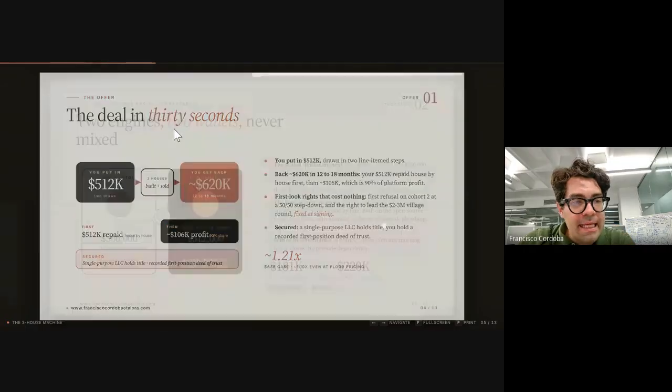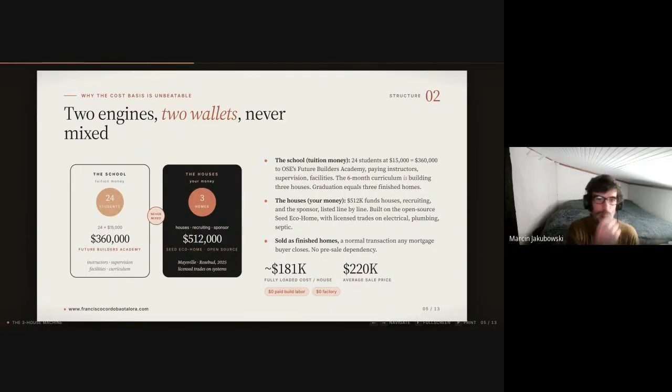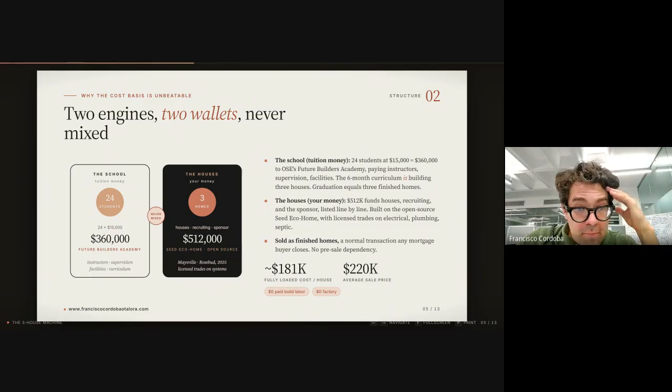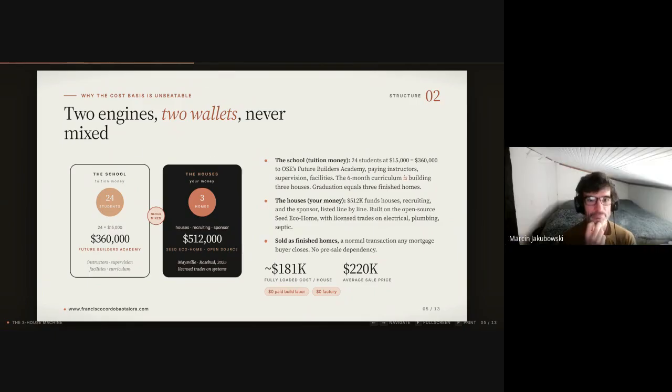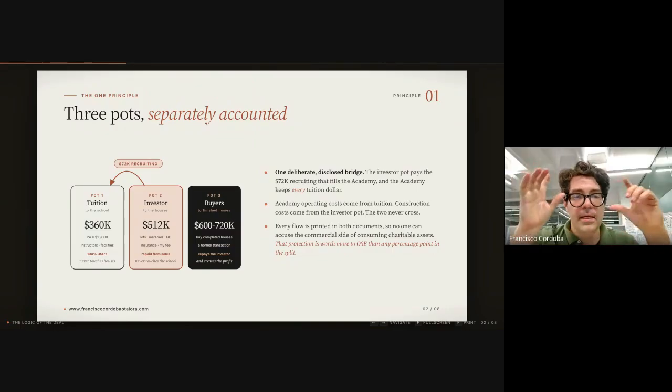And then I call it two engines, two wallets never mixed. I'm going to explain with this slide. For example, the investor puts in 512,000, which covers lots, materials, insurance, and fees. Remember that the goal is to get the tuition fee.